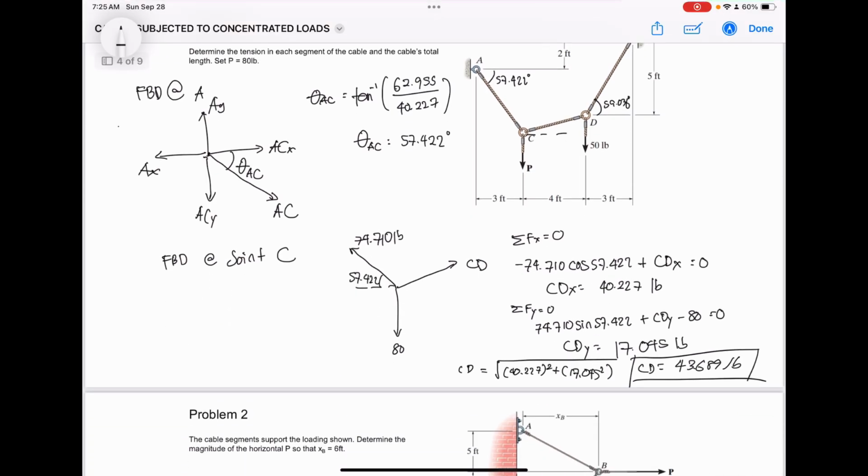So, angle CD is equal to tan inverse of 17.045 all over 40.227. Theta CD is equal to 22.963 degrees. Yan.